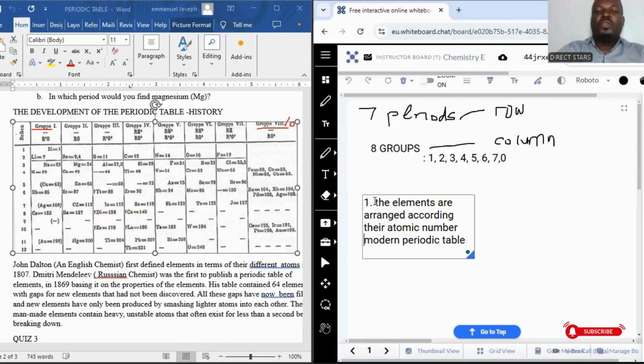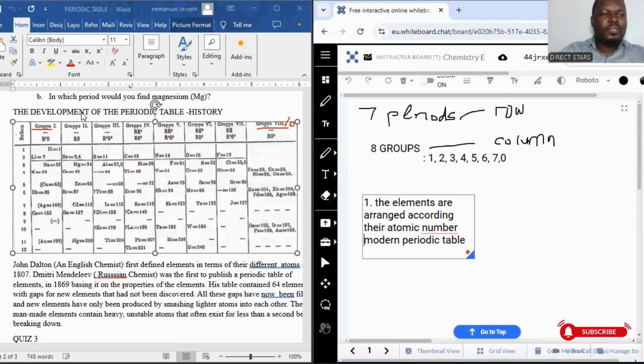Then the old periodic table, as you can see, has so many spaces in it.